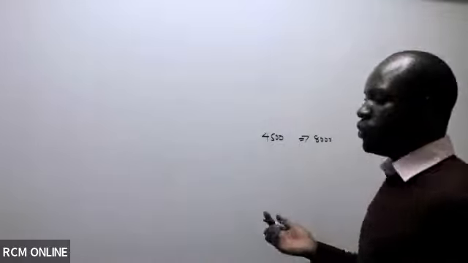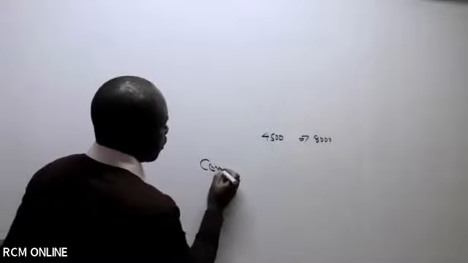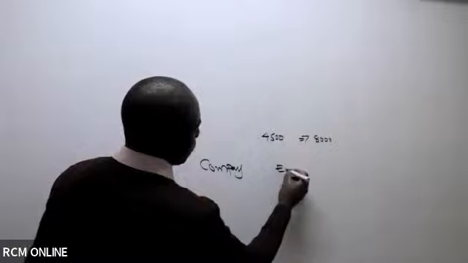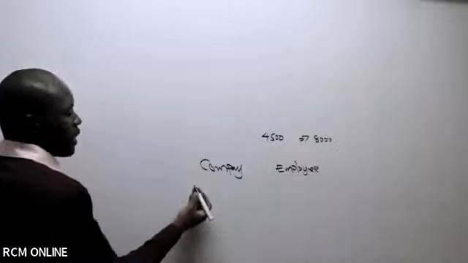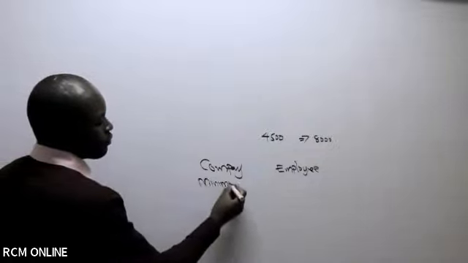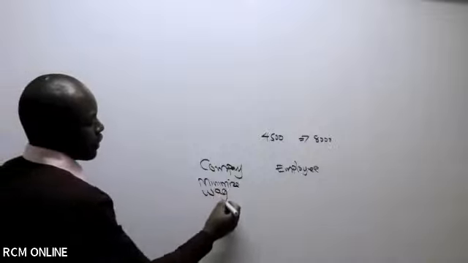Now, number 2, as a company, we have 2 people here, company, and then we have employee. Number 1, company will be interested in minimizing wages or salaries, right?